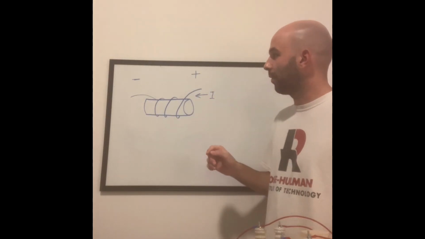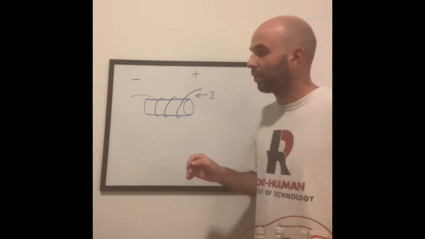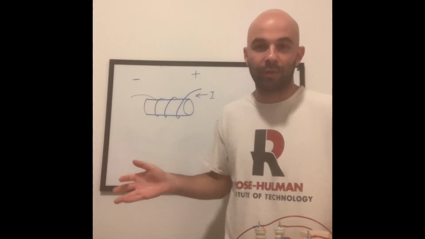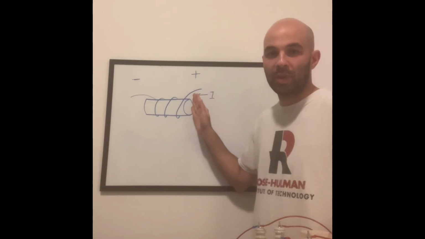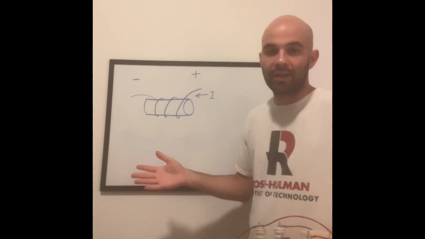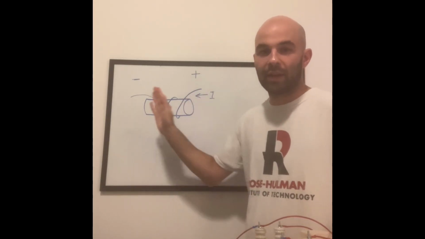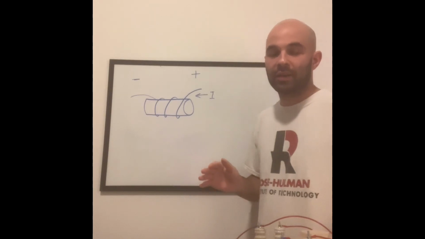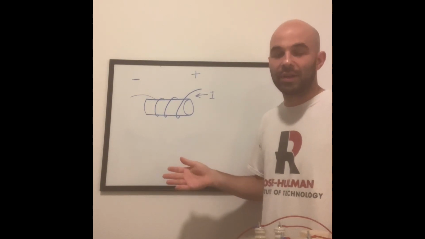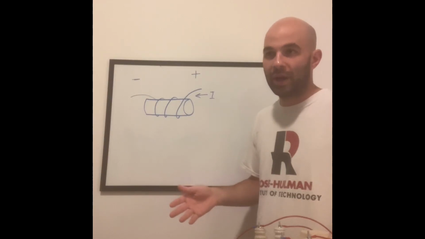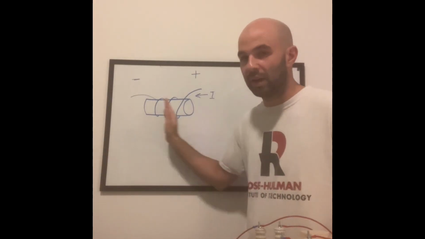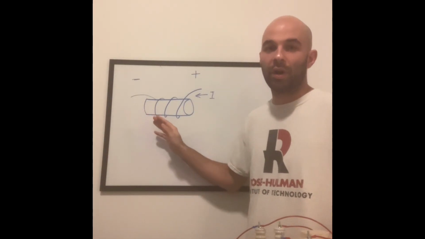So if you're outputting, say, 100,000 volts, that voltage is not necessarily distributed evenly throughout the coil, but it's going to be affected by the geometry of the coil and what you're inputting into it. But in some way, it has to be distributed across the turns of the coil.